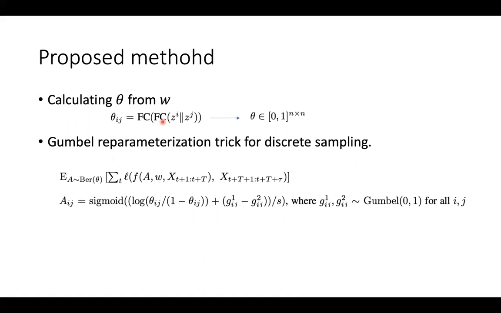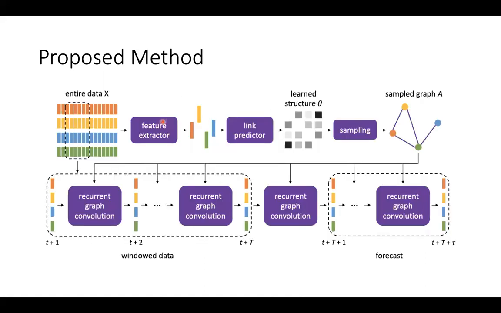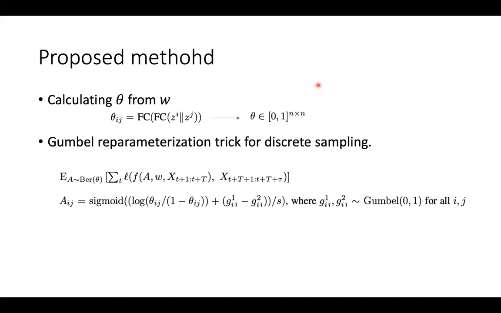But one thing remaining here is that once we compute this theta in this way, in our previous assumption the original graph adjacency matrix A is discrete, meaning that the entry is either 0 or 1. So we need to play a trick in order to do the backpropagation to the link predictor network, which is these two fully connected layers.